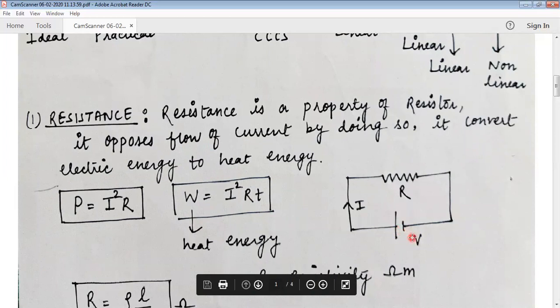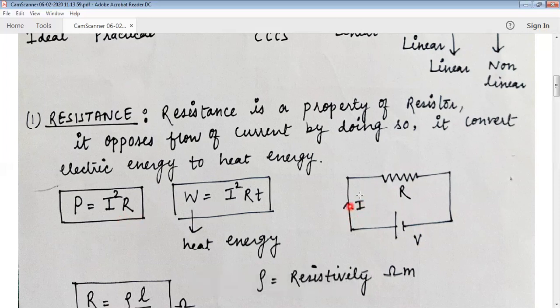Let's say here one battery is connected. That battery has voltage or EMF V, and a resistor is connected across it. Because of this EMF, current starts flowing, and the current is I. So the electrical power will be I squared R, meaning when current flows through the resistor, power loss will be there.